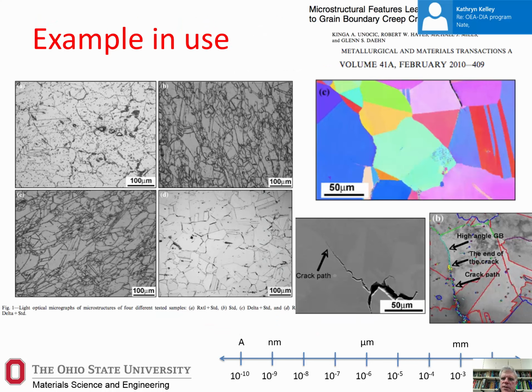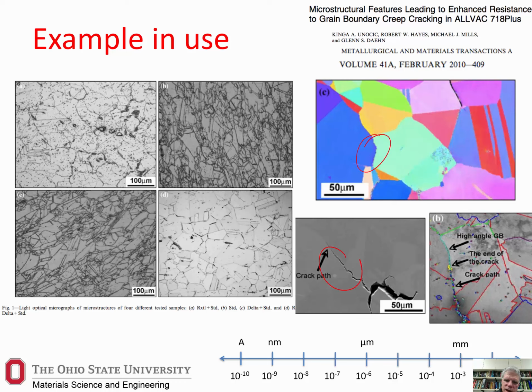We have great examples of how we use this. At Ohio State, we've got great facilities for doing electron microscopy. We use this for all kinds of problems. One of the problems I was working with a team on is looking at cracking in materials that are used in high temperature componentry, and we can understand the crystal orientations with the tools we have.